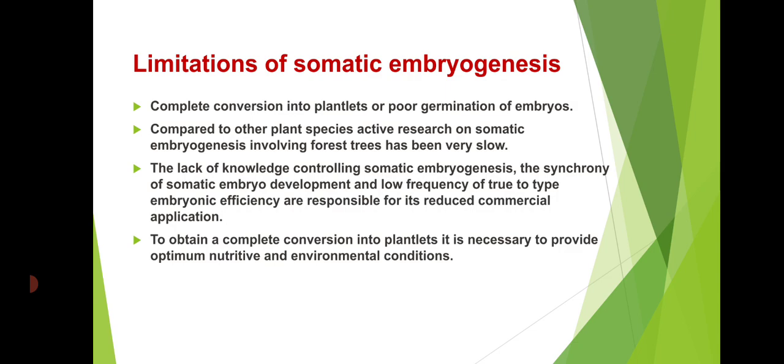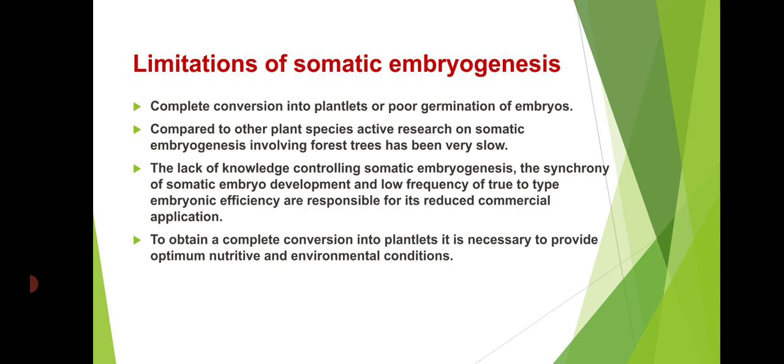Then compared to other plant species, active research on somatic embryogenesis, in case of some endangered species, suppose we are using this method, that research is very low, because according to different characteristics of different plants, the concentration of the hormone we are using may vary. So there is no 100% success in case of embryo formation.